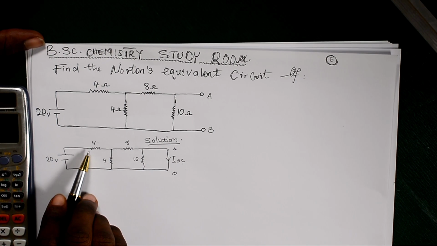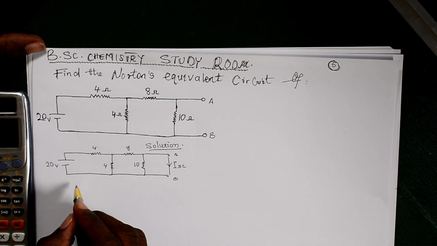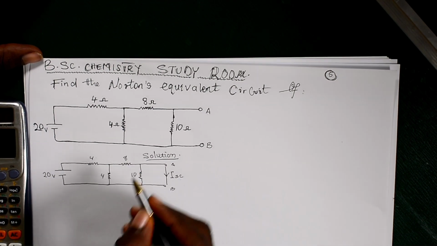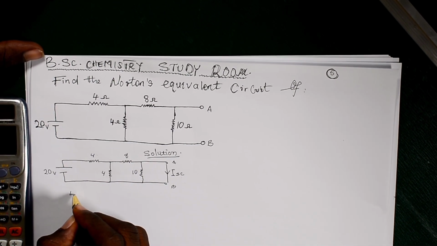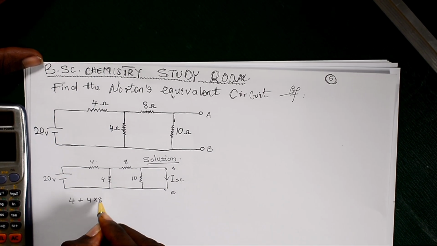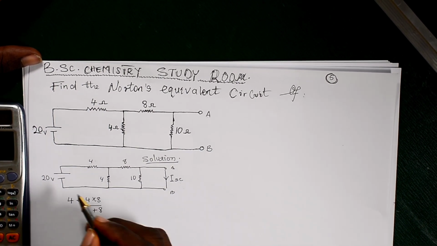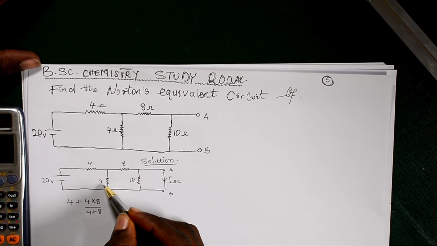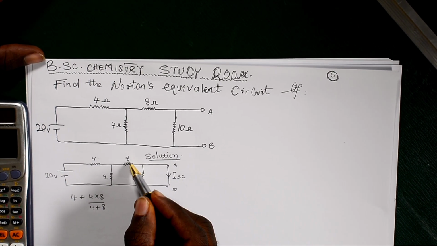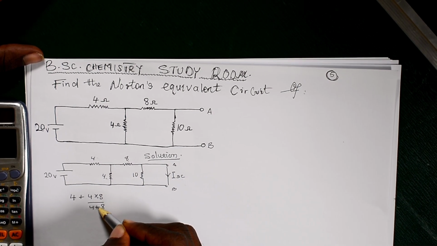Ohm's law, these 4 and these 4 are in series and parallel to 8. That means we have 4 plus 4 times 8 all over 4 plus 8. 4 and this 4 in series, parallel to this 8. So that is how we obtain this.